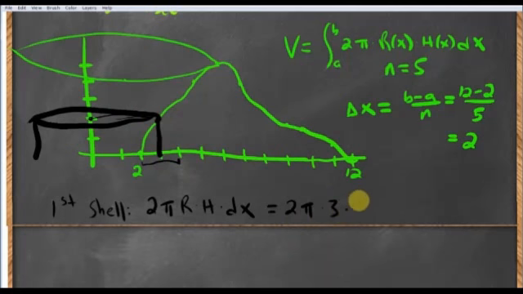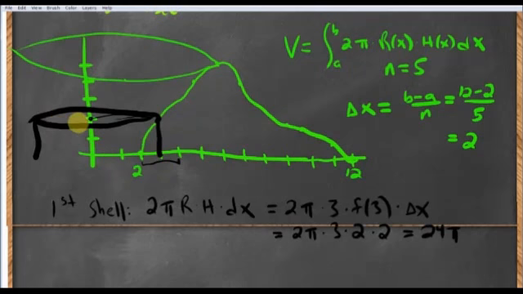And the y value is f of 3 times delta x. So that's 2 pi times 3. f of 3, I believe, is 2. Delta x is 2. So that's 24 pi. All right, so that's the volume of the first shell.